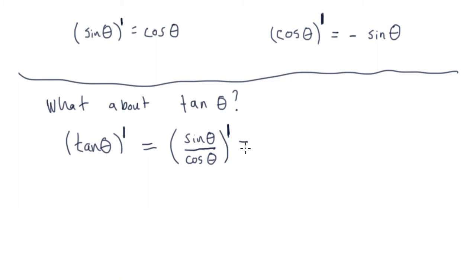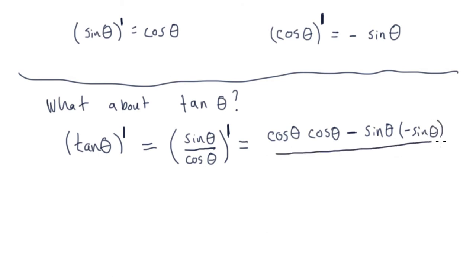And I know what the derivative of sine and cosine are. Okay, so what does the quotient rule say? It's low, so the bottom function, times the derivative of the top function, which is cosine theta, and then minus the top function, high, times the derivative of the bottom, d low, which is negative sine theta, all divided by the bottom function squared, so cosine squared theta.